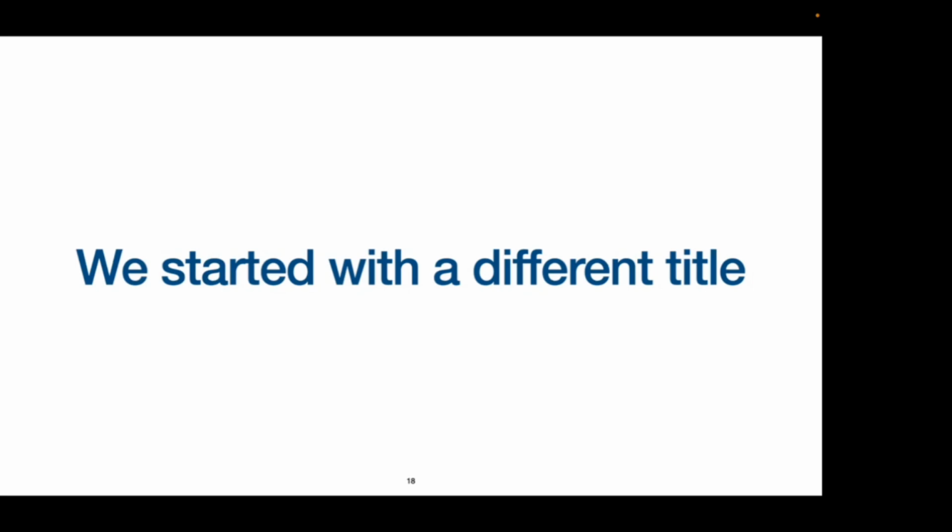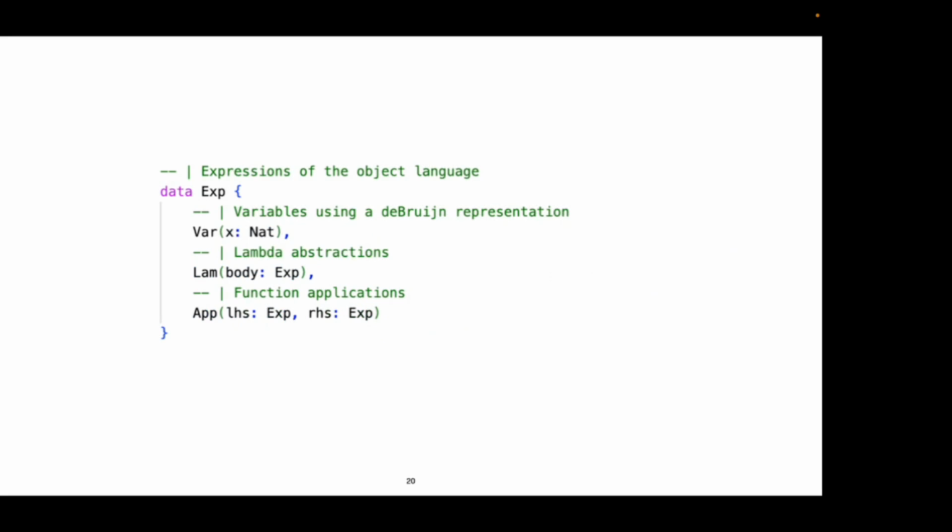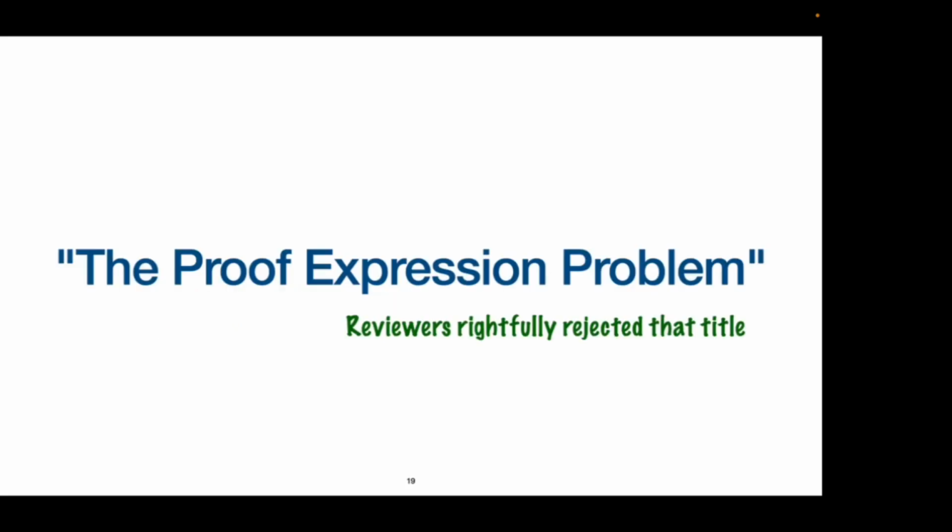The first title under which we submitted the paper was the proof expression problem. And the reviewers rightfully rejected that title. Why? Because the system is not consistent, and therefore we cannot say that it applies to proofs.